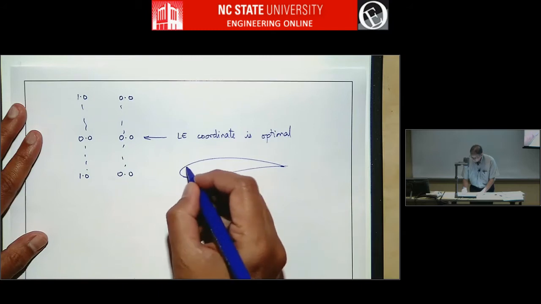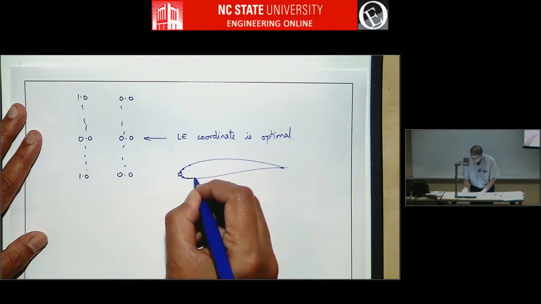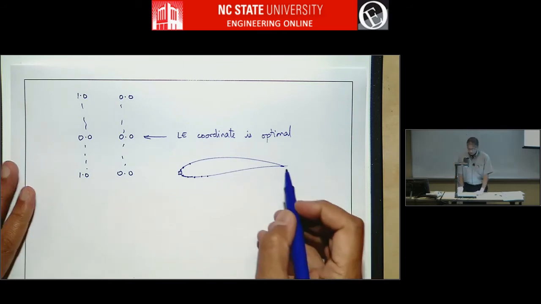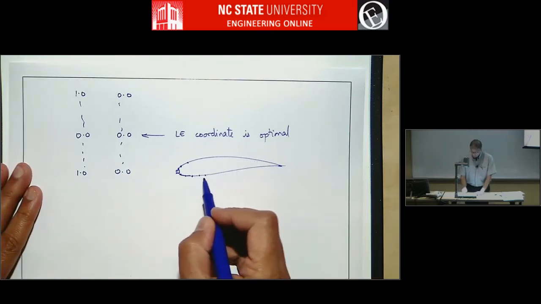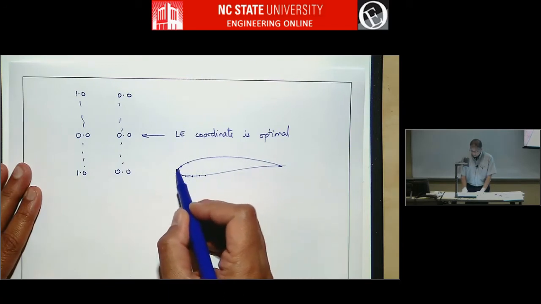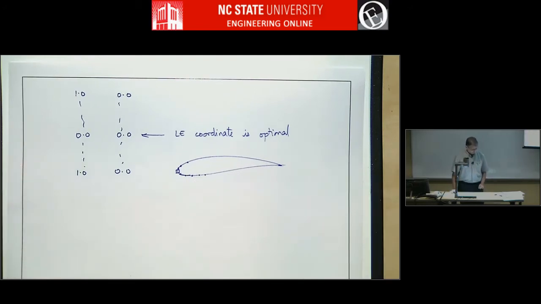So you might have points that go like this, and let's say this is the leading edge. You might have a point just before and just after, and your coordinate list will not have an exact 0, 0, and that's fine. Xfoil knows that it'll create a spline through existing points, and even if there is no 0, 0, that's fine.